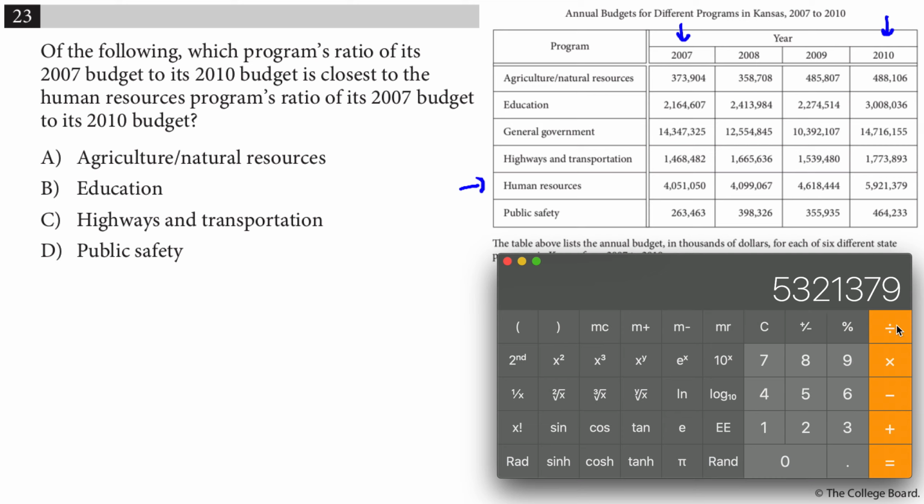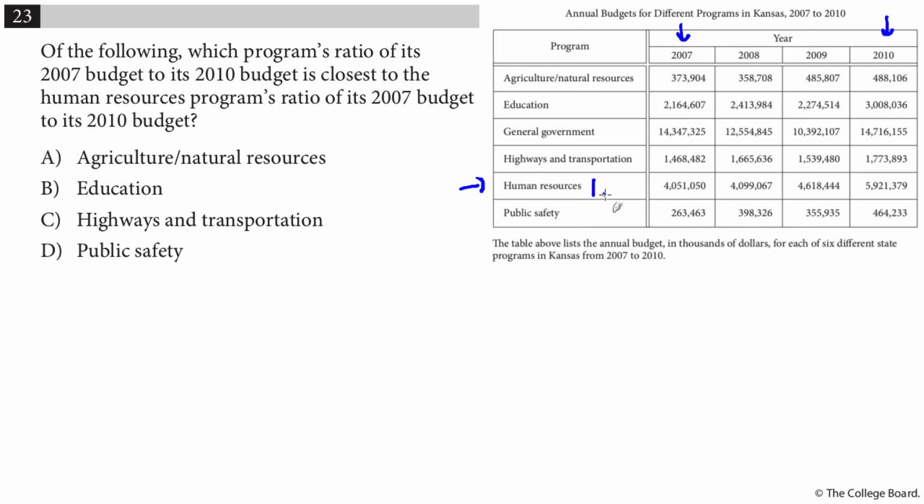Divide. Ooh, that's not right. Let me actually do that correctly. 5,921,379. That's much better. Okay, divided by, that's why you always want to check what you put in the calculator, 4,051,050. Okay, let's see what we get there. So I get about 1.46.